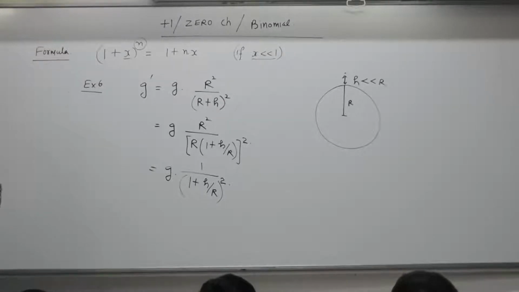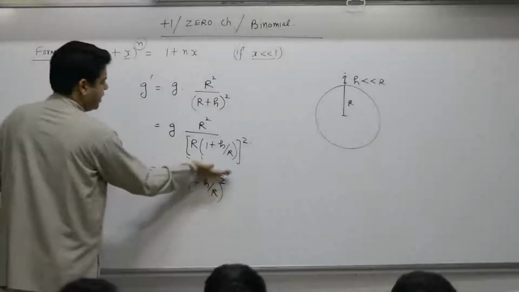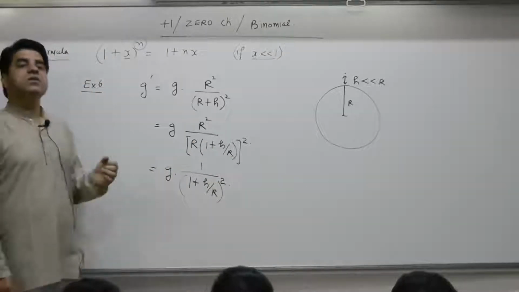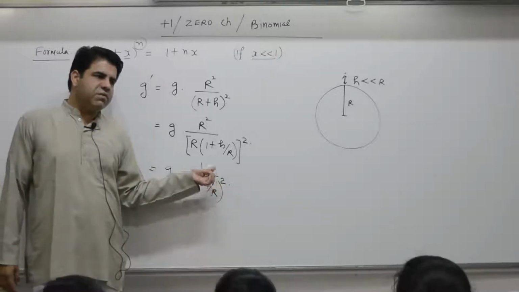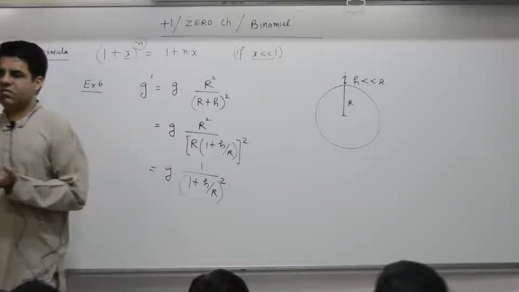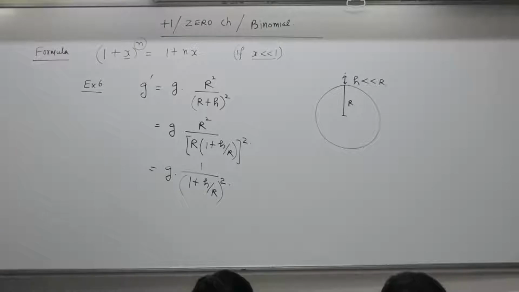Now apply binomial theorem. If you shift in the numerator, power becomes, here it is plus 2, power will be minus 2, and then apply 1 plus x power n is equal to 1 plus nx.